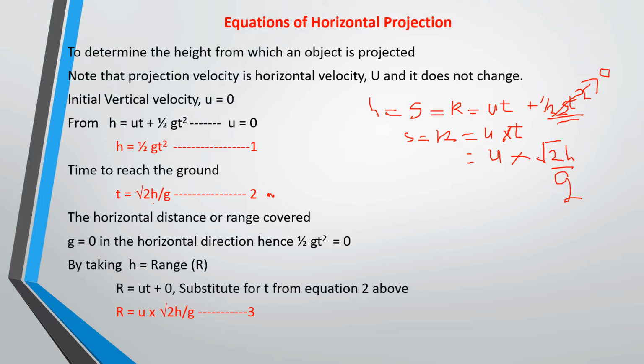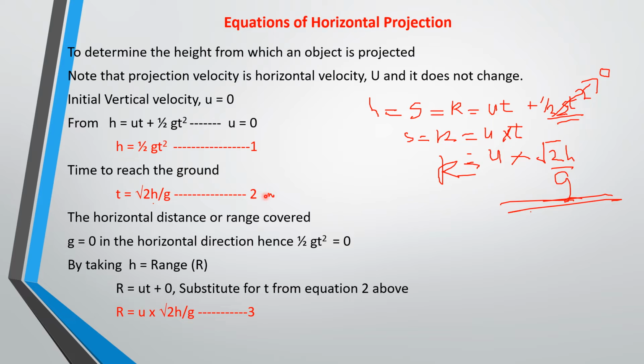This will give you the range or the distance traveled by the object that is projected horizontally. This is the third equation, u times square root 2h all over g. So basically, these are the equations that apply for horizontal projection, right?